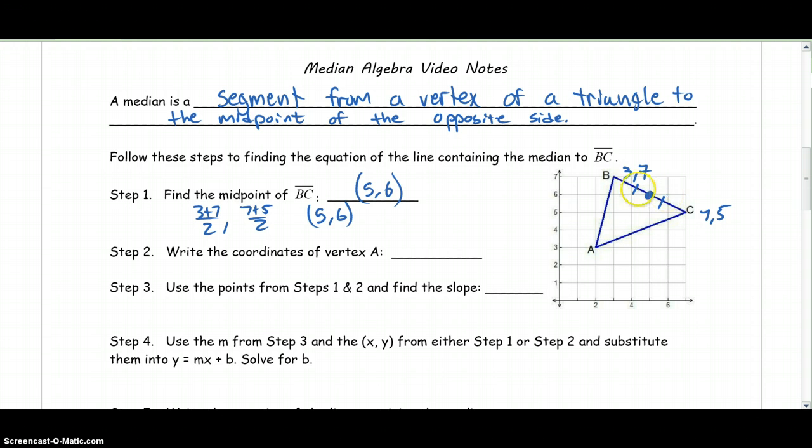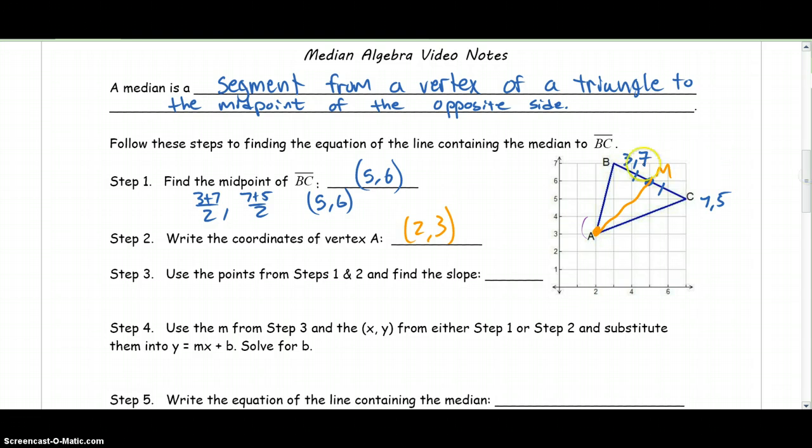Now what we're going to do is find the equation of the line containing this segment from the midpoint of BC to A, and I'm going to call that midpoint M for now. The coordinates of A are (2, 3). So this line has to go through (2, 3), and it also has to go through the midpoint M at (5, 6).